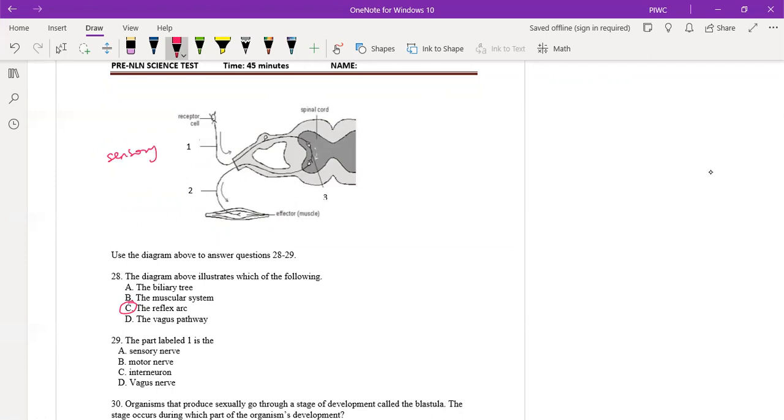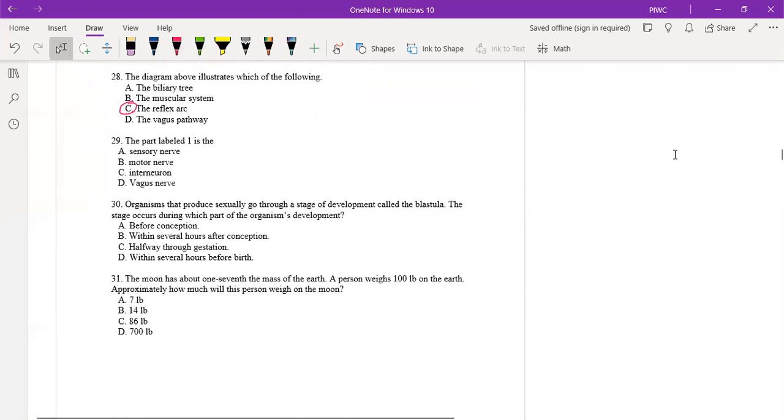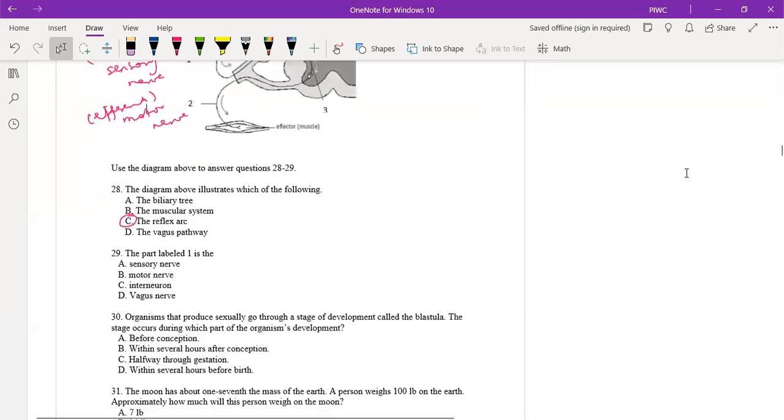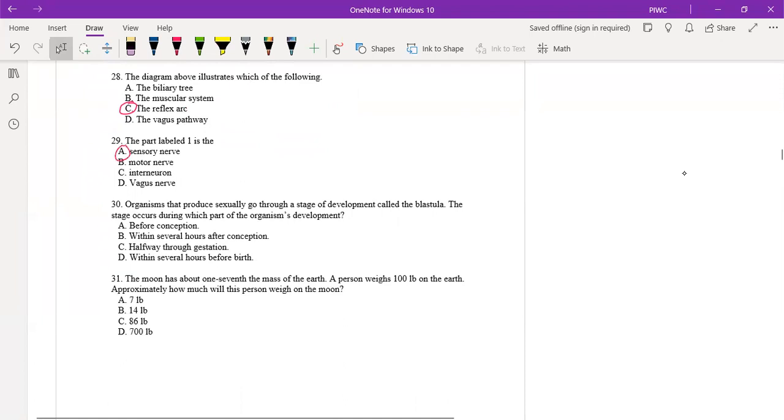Correct. 2 is the motor nerve, or the efferent nerve. 29, I think we answered that question, right? Sensory. Okay, correct. Number 30.